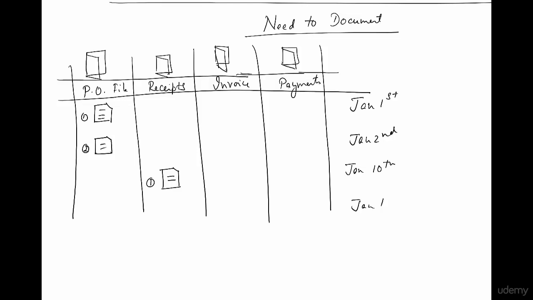Number 1. And on Jan 10th or 12th, say, I get an invoice, file it here, the first invoice. On Jan 25th, I do a payment. I put it here.